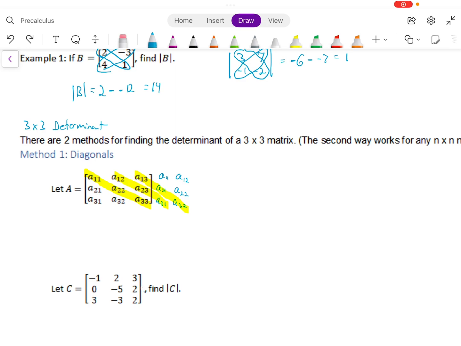So this is going to be A11 times A22 times A33, and then A12, A23, A31, and then A13, A21, and A32. So you multiply those, and then what you're going to do is you're going to add them.